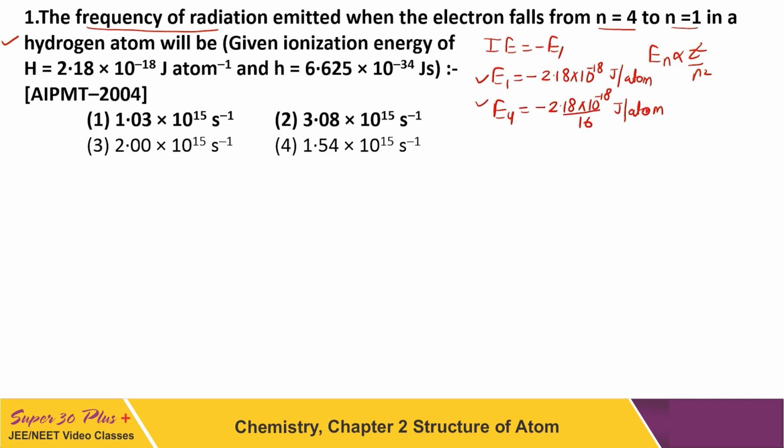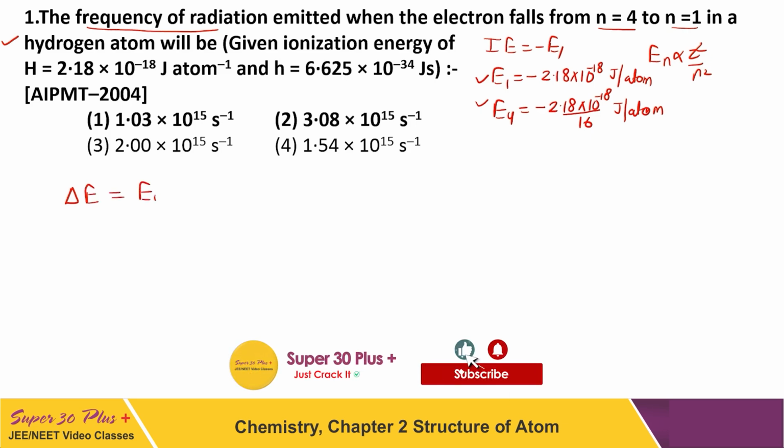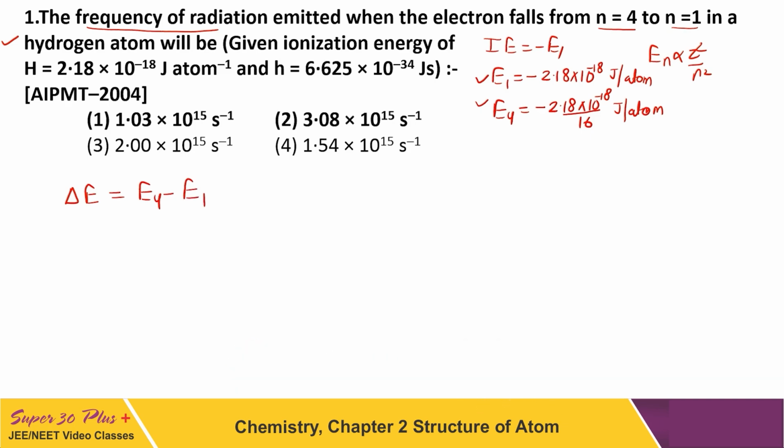Now we will calculate the change in energy, delta E, which will be equal to E4 minus E1, and because the transition takes place between these two shells, whatever the energy change between these two will be equal to h nu, that is, Planck's constant times frequency.